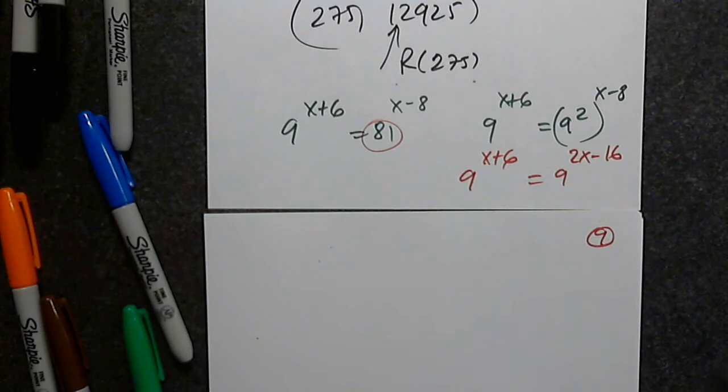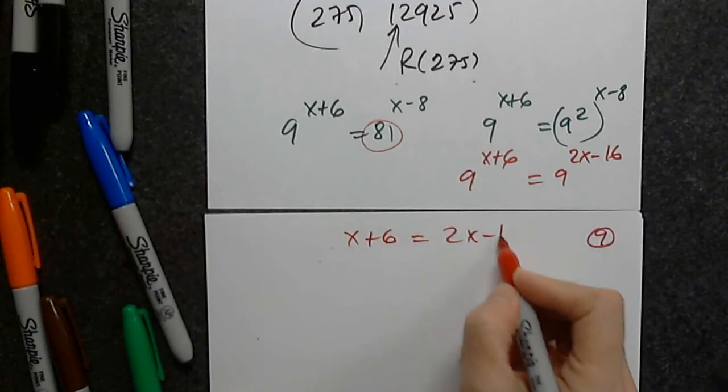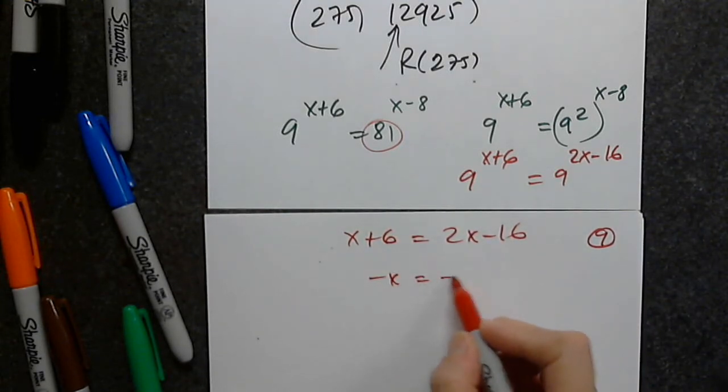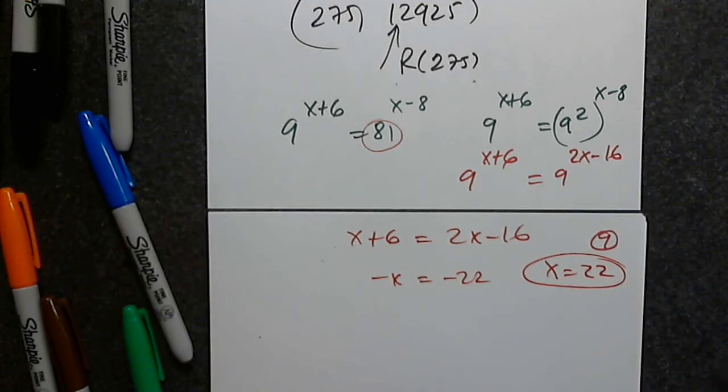So yes, x plus 6 equals 2x minus 16. So how much is x? 22. Very good. Indeed. Great job. For this, you get extra credit, bonus points.